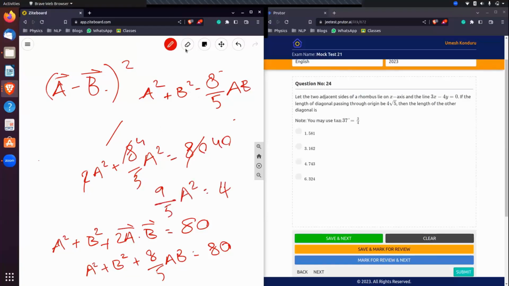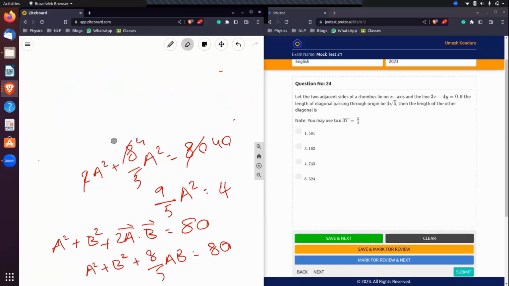Yeah, so sorry, there was a bit of disturbance. Okay, yeah, so you just basically have to figure out the value of a from this. You have a square equals 200 by 9.